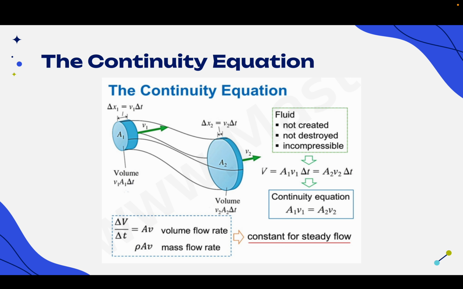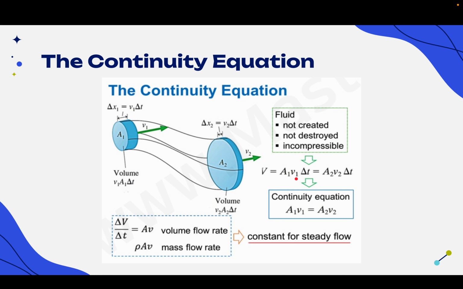So basically they have to have the same fluid flow rate. This is the amount of fluid that passes through a section of the tube in the same interval of time.